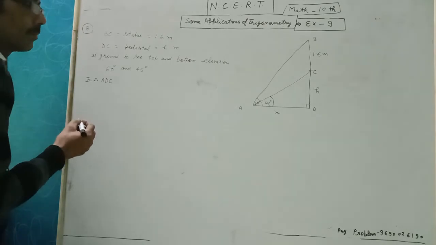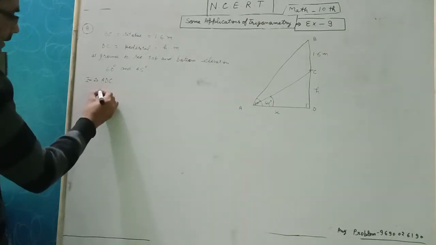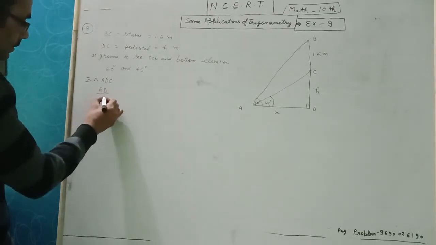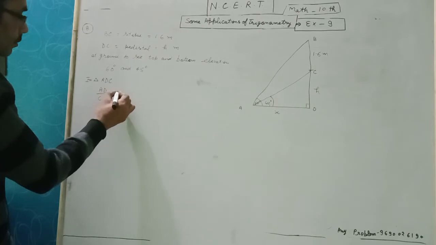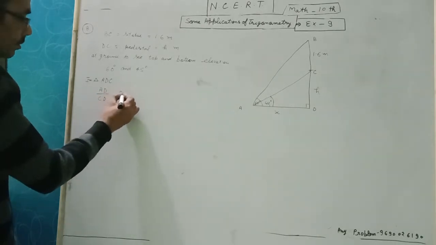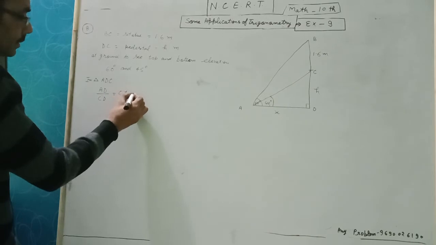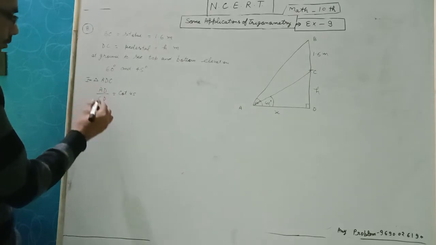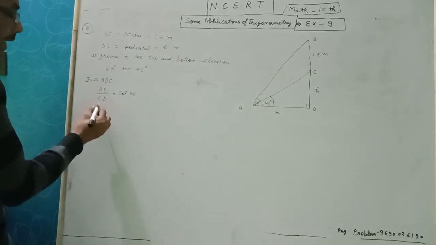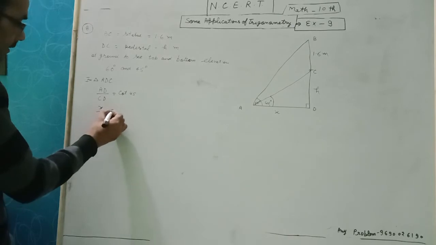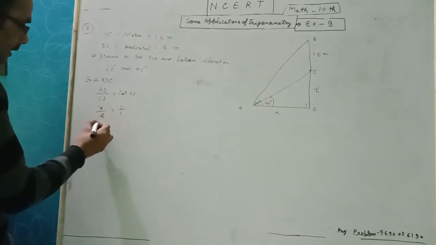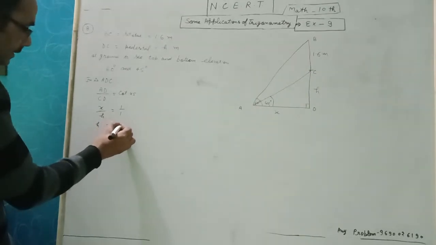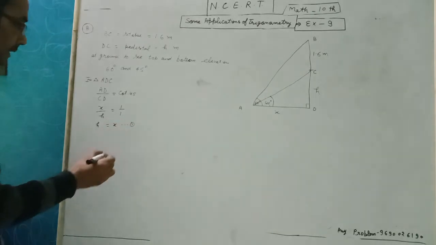AD upon CD is equal to cot 45. AD is equal to X and CD is equal to H. Cot 45 value is equal to 1. After cross multiply, H is equal to X.